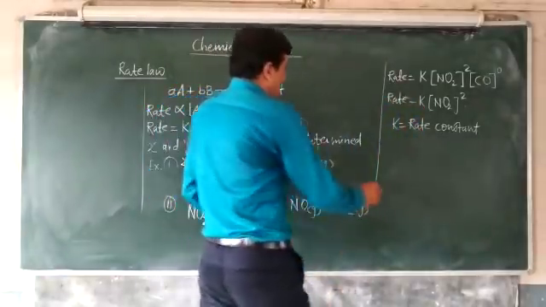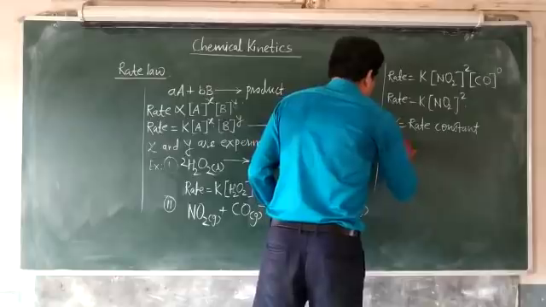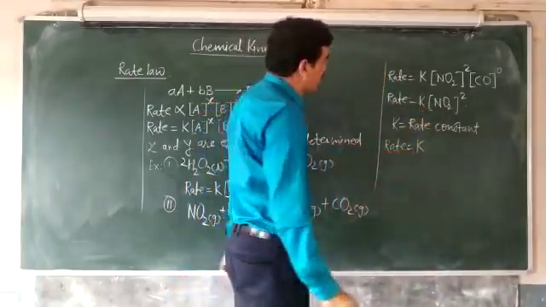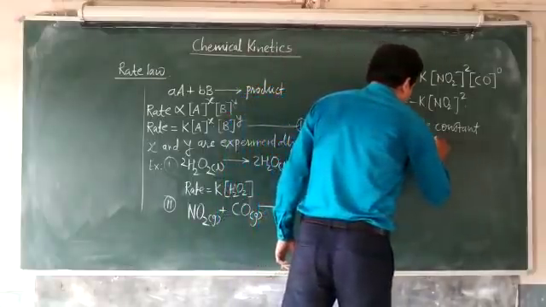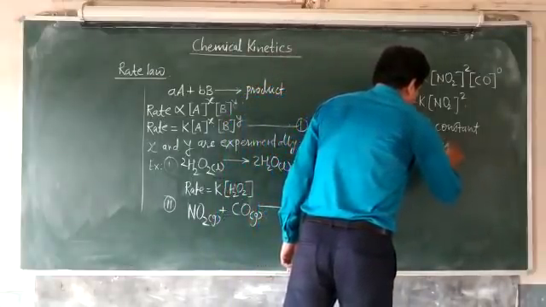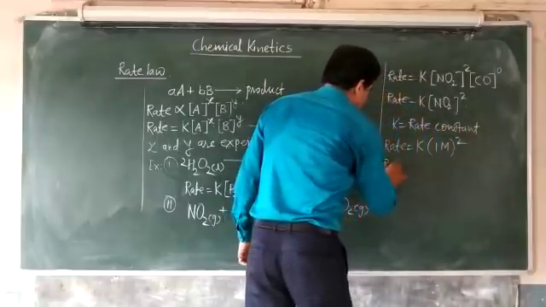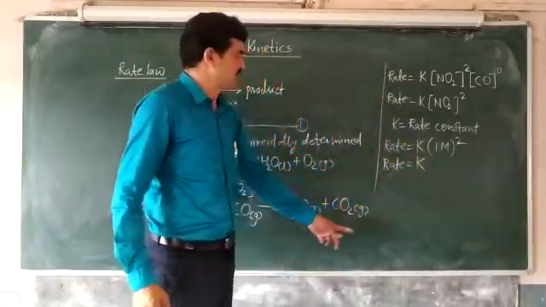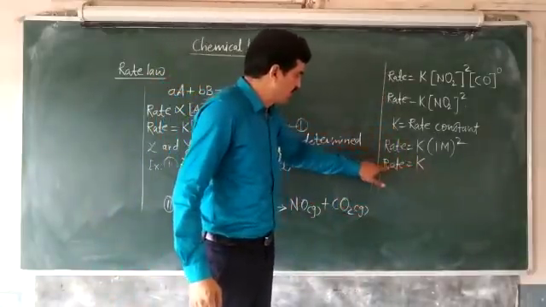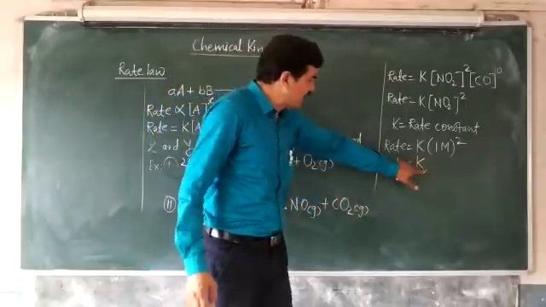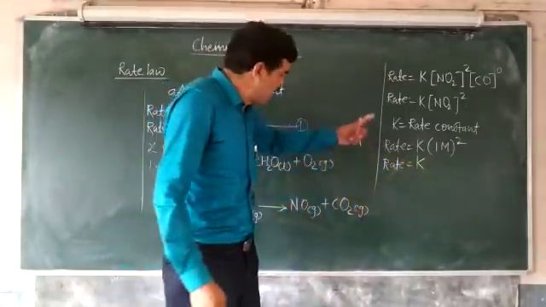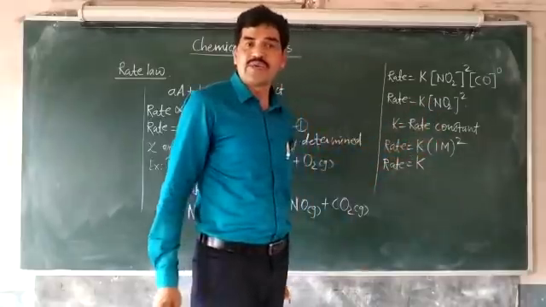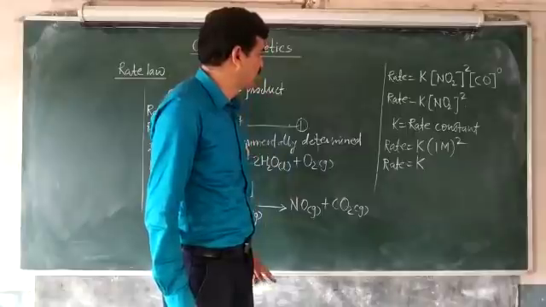If the concentration of the reactant is 1 molar, then the rate constant becomes equal to the rate of reaction, and therefore the rate constant is defined as the rate of chemical reaction whenever the concentration of each reactant is unity or 1 molar.